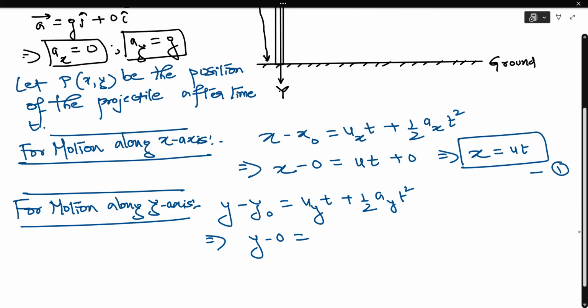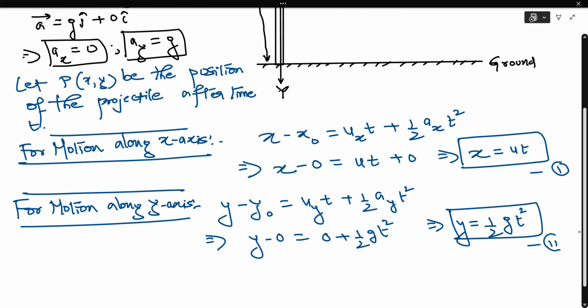The initial velocity along the y-axis was 0, and the acceleration along the y-axis was g due to gravity. So ultimately we get y equal to half gt squared. This is equation number 2.